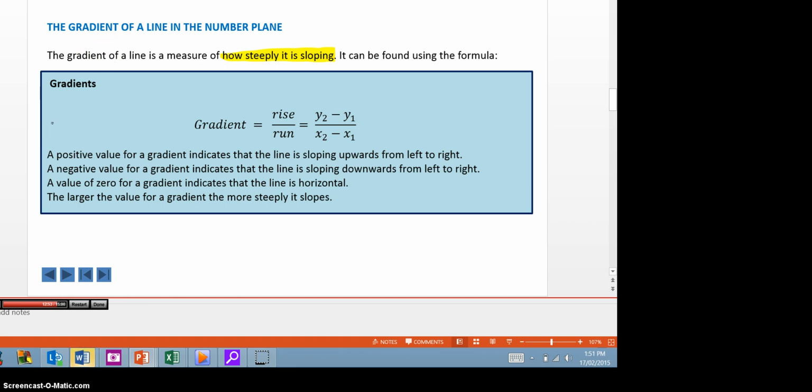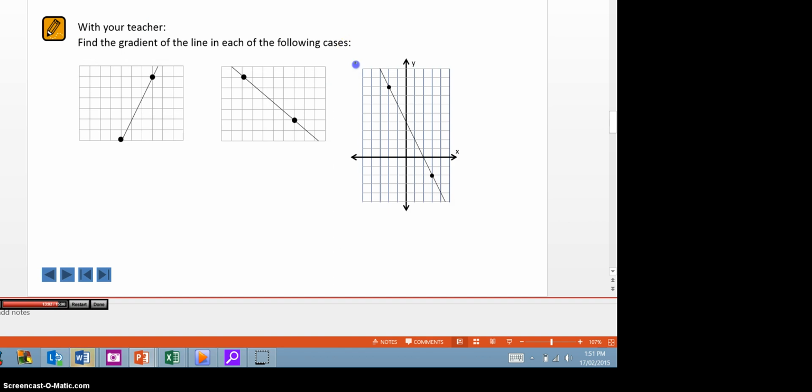The second example is an example of a negative gradient, because as you move from left to right, it slopes down. And so you can see that it goes through at +3, the y-intercept, and we just need to work out our rise over the run. As we slope from left to right, it's a negative rise, and our run is worth 1 unit.